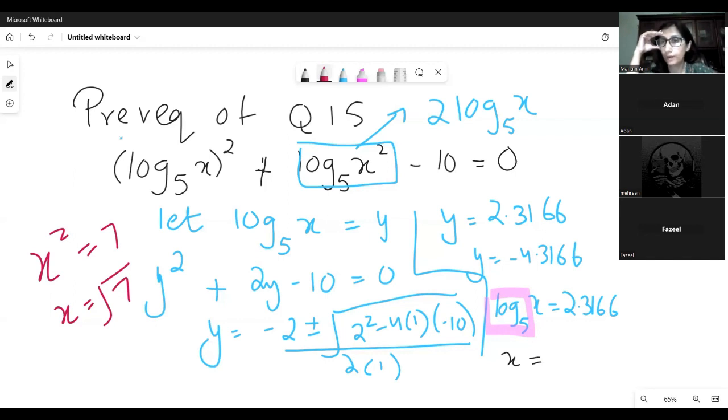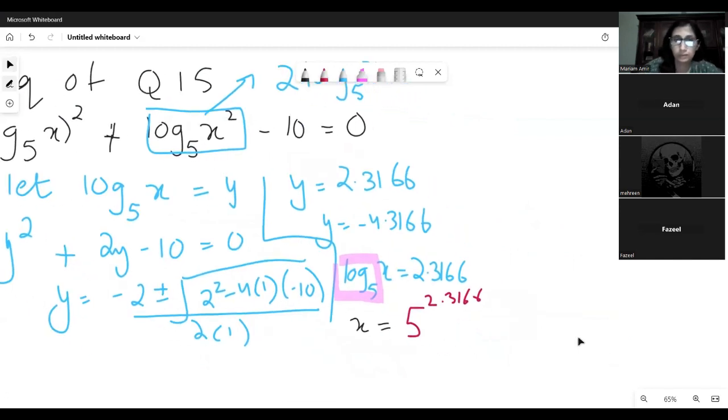So when log 5 goes to the other side, you don't remember this from the first few lessons on log? How did log 5 go to the other side? Only 5 is retained, the log is gone, 5 in the base and 2.3166 in the power. Yeah, that would be one of the answers.